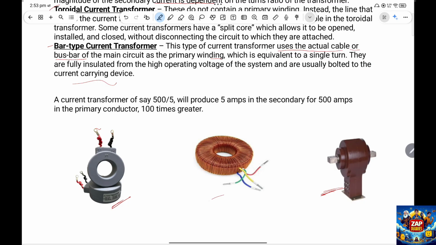Here you have a bolted primary. This solid square bar is a bolted primary. What you do is you bolt the main bus bar directly to this square bar.